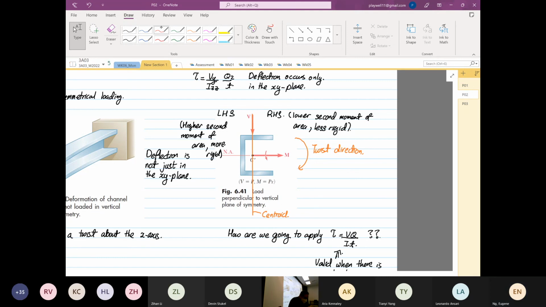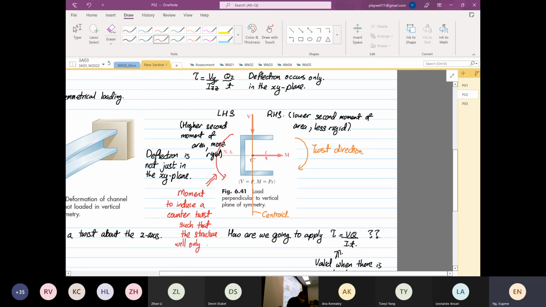So we are going to introduce a moment to induce a counter twist such that the structure will only deform in the XY plane.